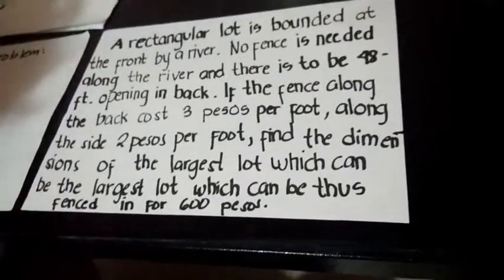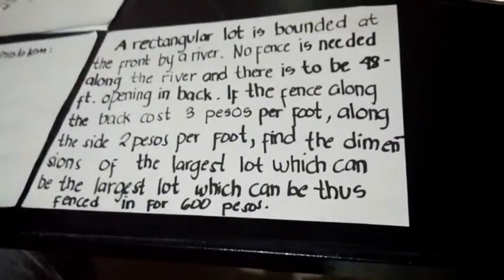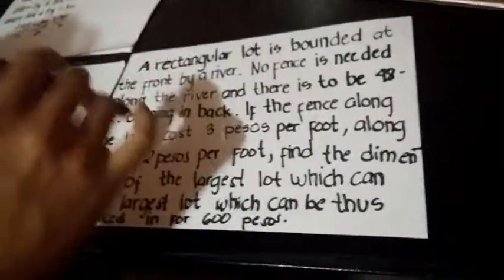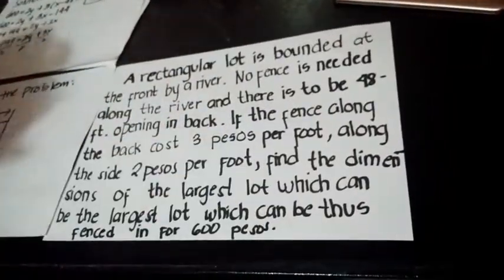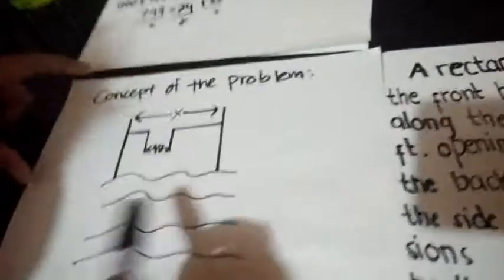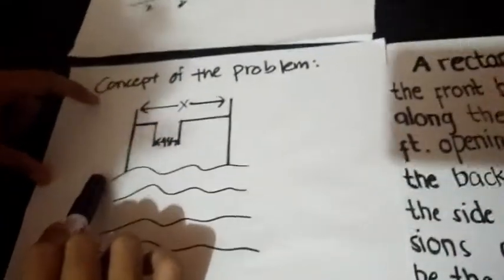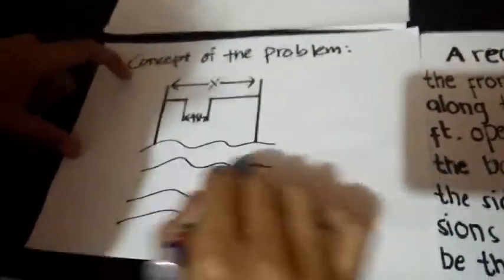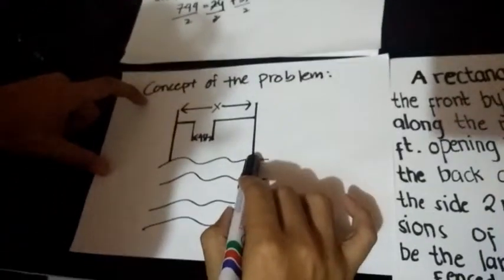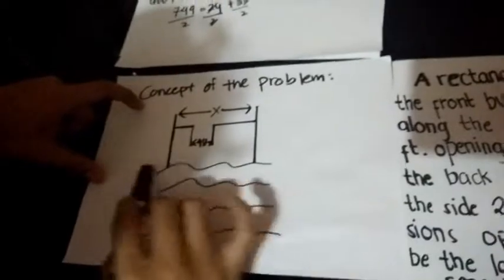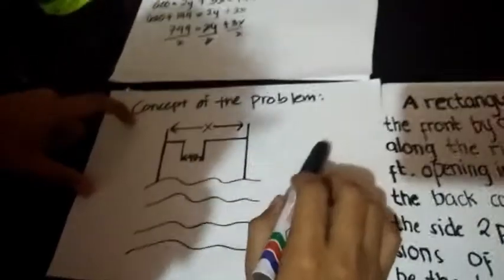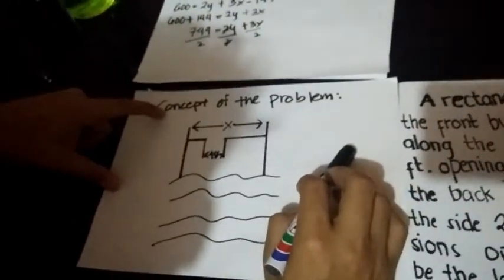When you conceptualize this problem, this would be the output. A rectangular lot where in front of it there is a river, and no fence is placed there.